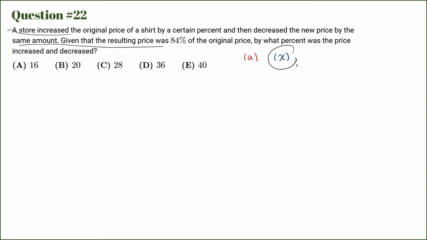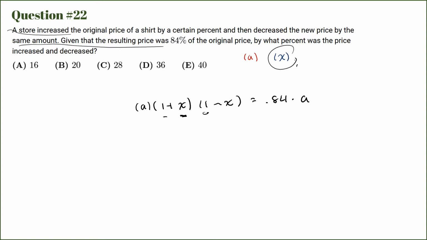The shirt price, or A, multiplied by 1 plus X, because this is the original ratio and this is the amount being added, and then decreasing by 1 minus X, because this is the original and this is what's being subtracted, is equal to 84% of the original price, or 0.84 times A.